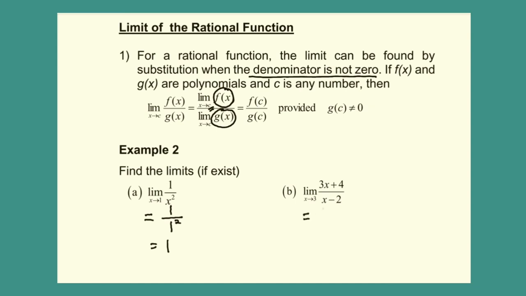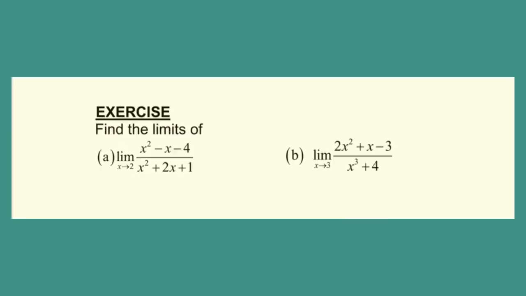This is equal to 3 times the value of x, which is 3, plus 4 over, substituting x equal to 3, 3 minus 2. This is equal to 9 plus 4. The answer is 13.